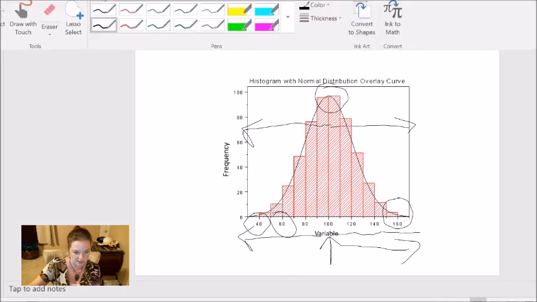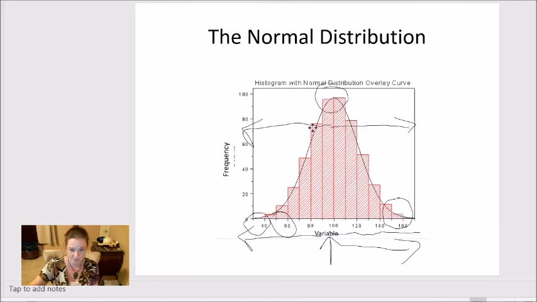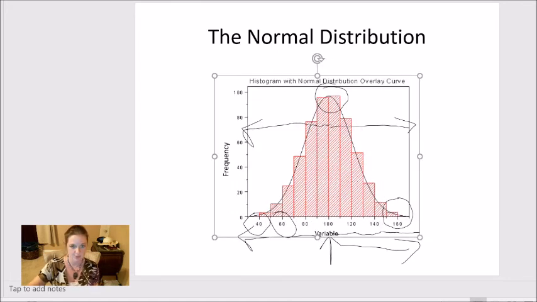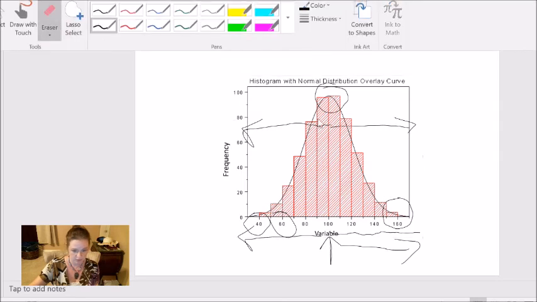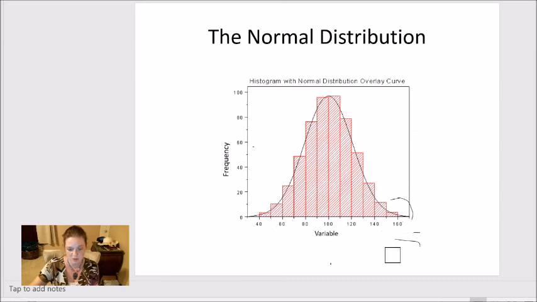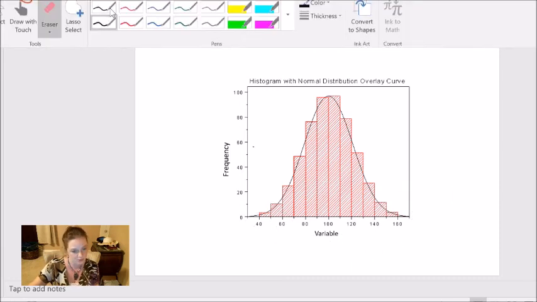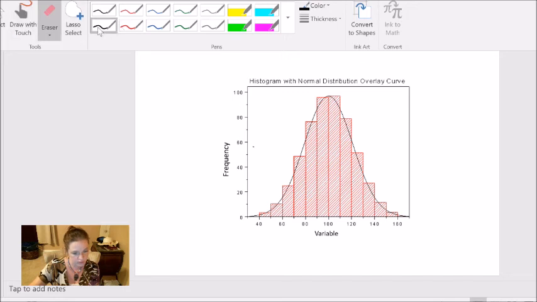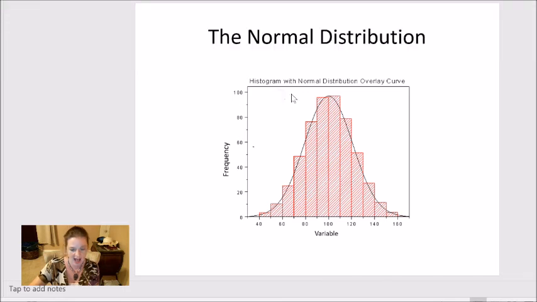And let me just erase some of these scribbles we have here, right? So when you look at a normal distribution, it has what's called a peak. I like to think of it like a mountain.